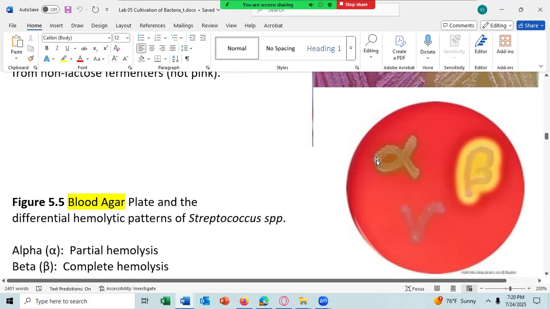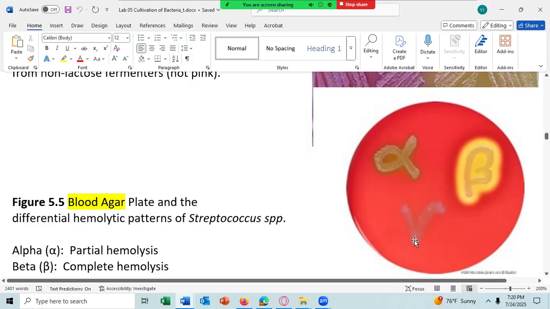And then right before the off-white alpha streak, which is the bacteria, we have a darkening. That darkening is from the partial hemolytic activity of this bacteria. And inside the alpha, it's also dark, and that region is showing the darkening better than this region here. And that's alpha hemolysis, where the red blood cells are partially lysed.